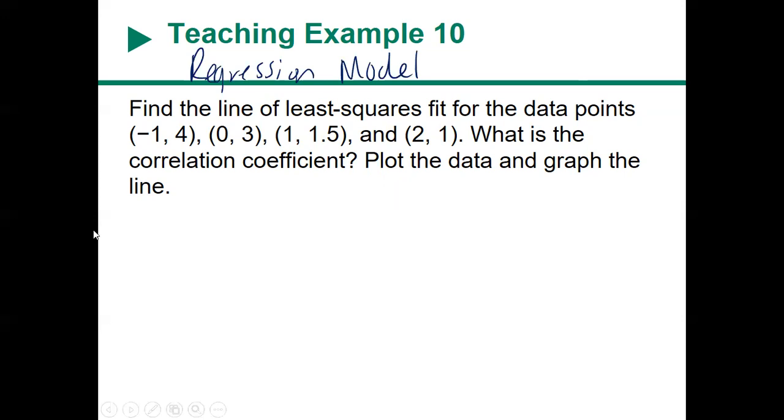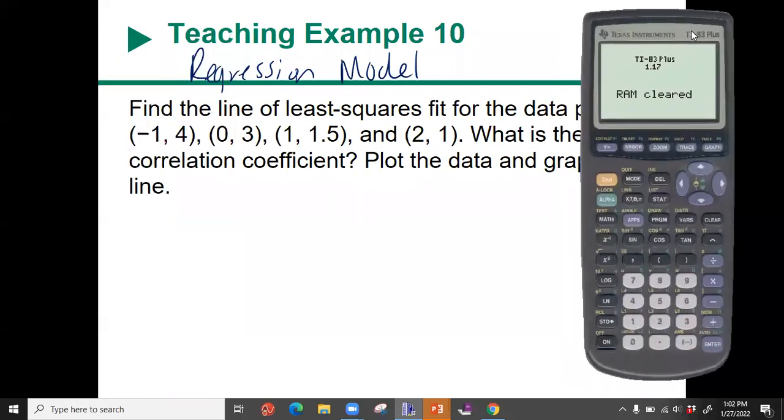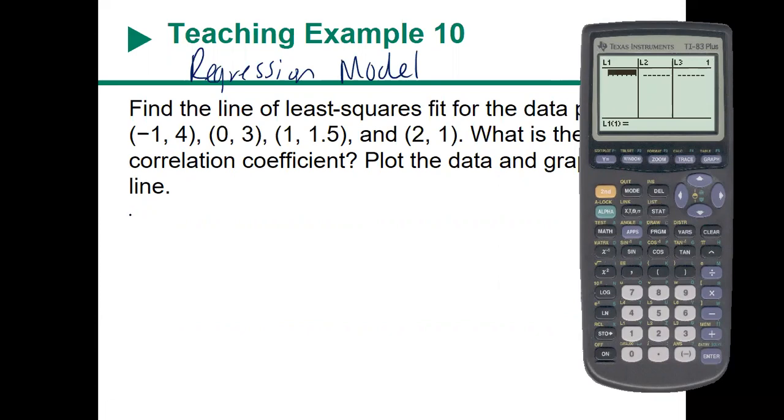So really quick, I'm going to show you the calculator. You're going to input the data. Our data is given to us, and to input the data, we go to Stat, Edit. Then you input your values.